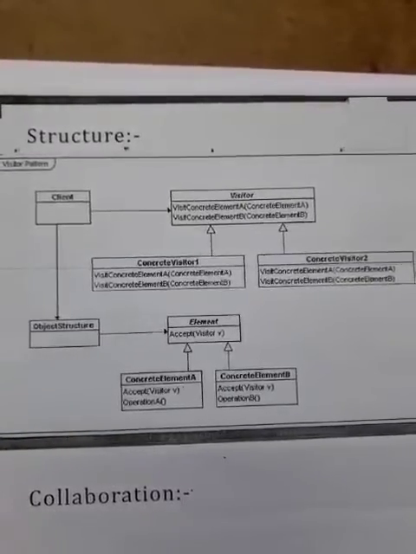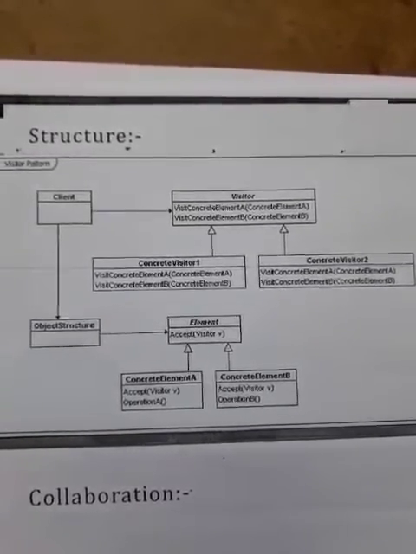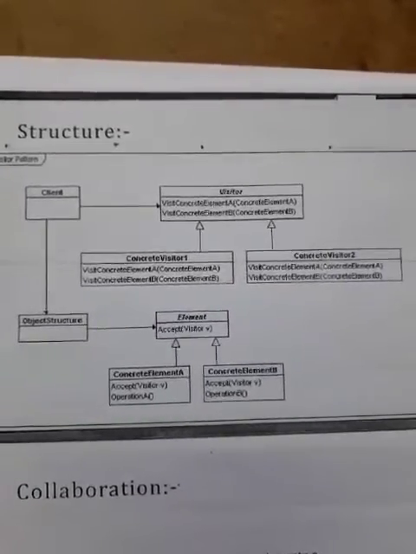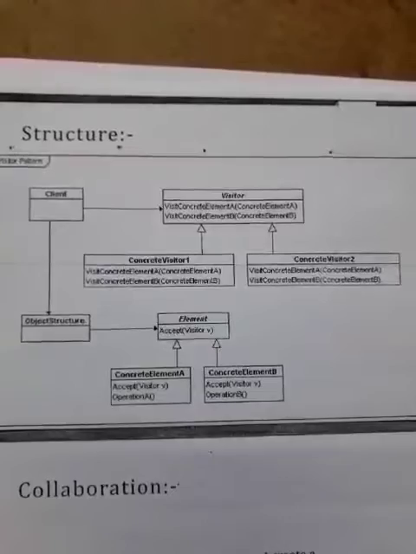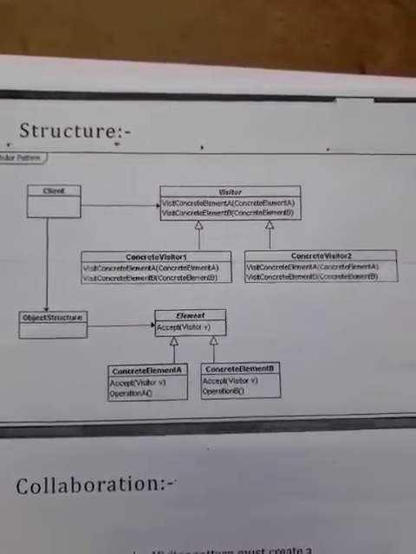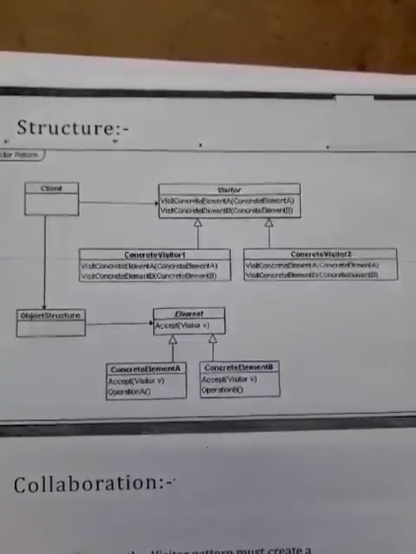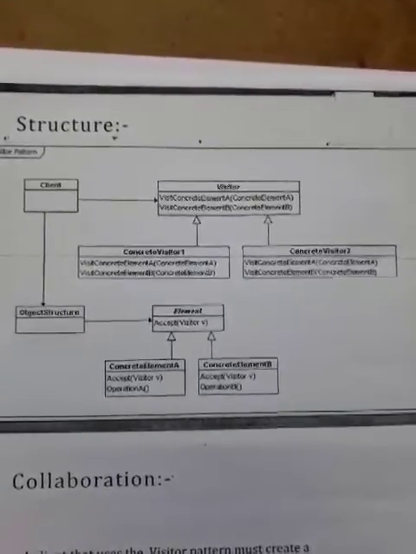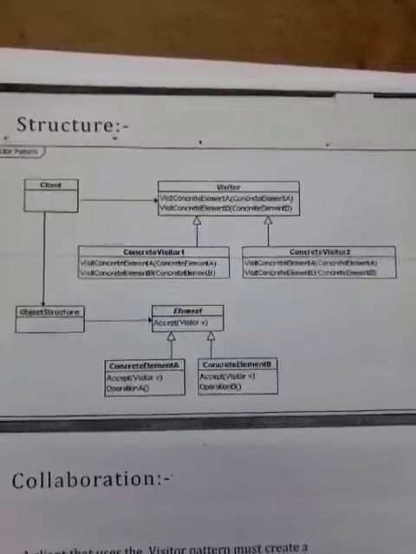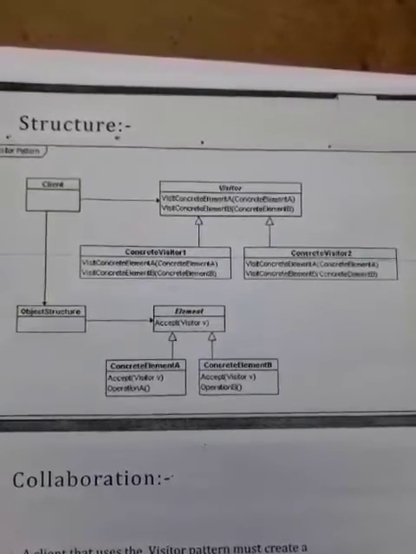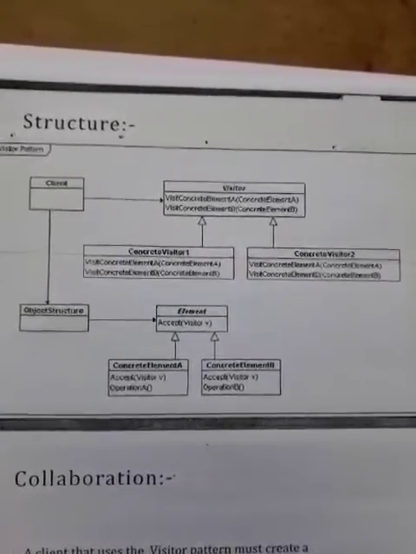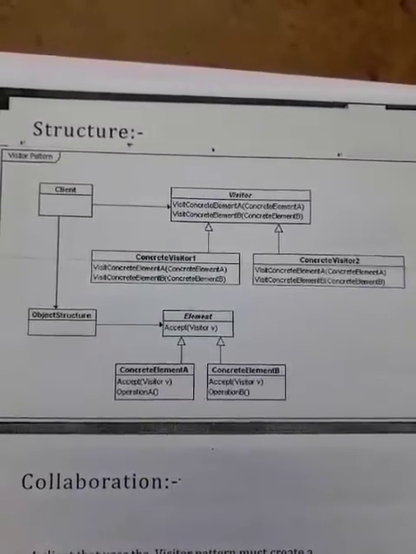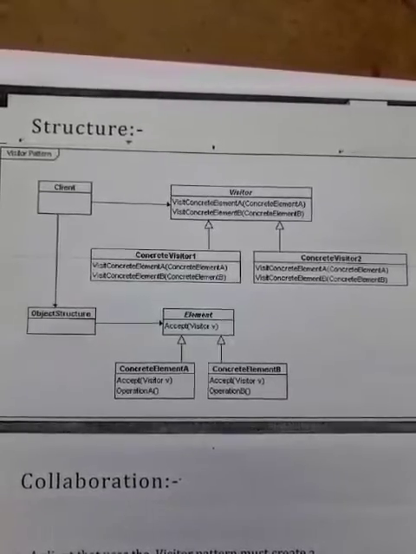Here we can see we have defined an element interface, and it has an abstract method accept. It will accept the visitor object, and this interface is implemented by two concrete classes, concrete element A and concrete element B. Both of these provide implementations of the accept method, which accepts a visitor object. Here we can see the visitor, it visits each and every element in that structure and performs some operation.